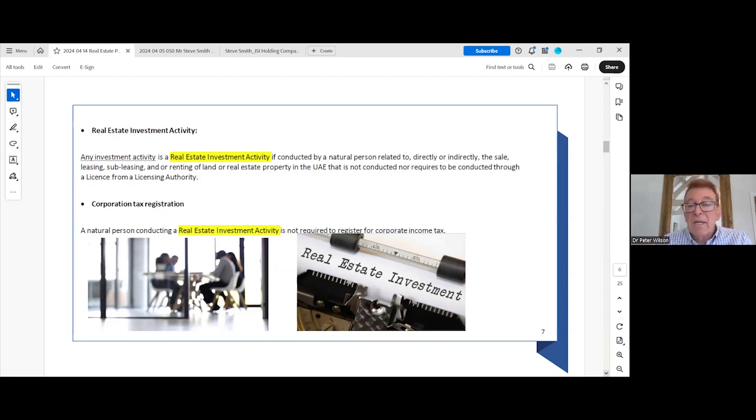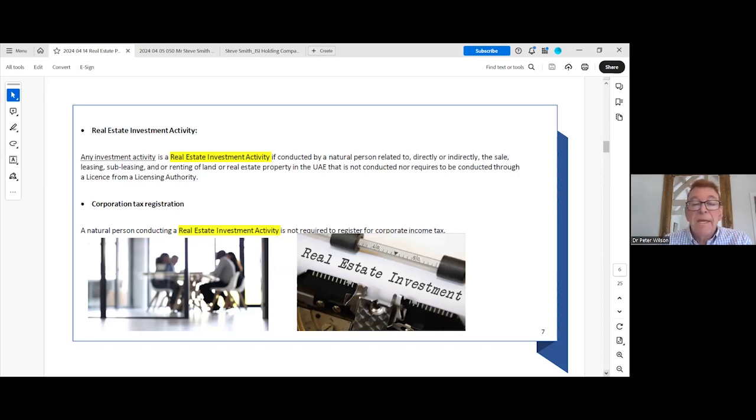I quite regularly read, well, there's no tax in the UAE on real estate income or gains. That's right, but only if the person who is conducting the activity is conducting them as an investment activity. If the person's not conducting them as an investment activity, unfortunately, that widespread belief is not true.